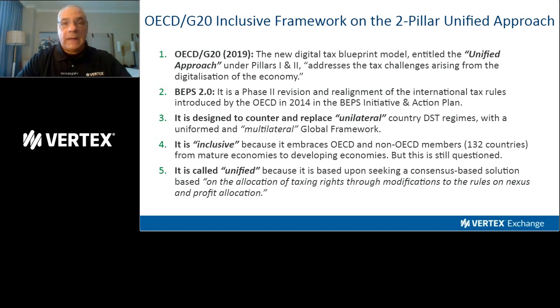So how do very small countries and developing economies actually be beneficiary of a global agreement that benefits mostly capital exporting, not importing, capital exporting investment countries that actually have control of the digital economy? So that is indeed a preoccupation of the tax authorities around the world. So is it really inclusive?